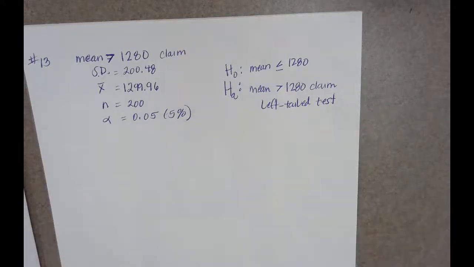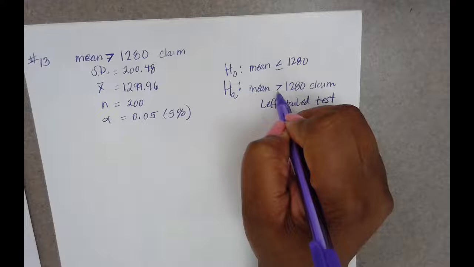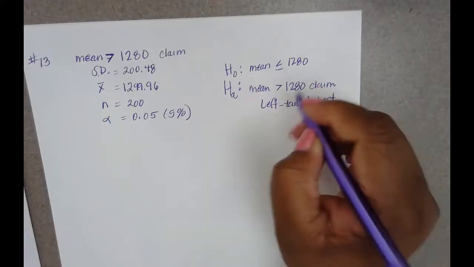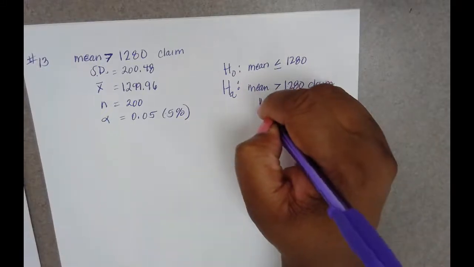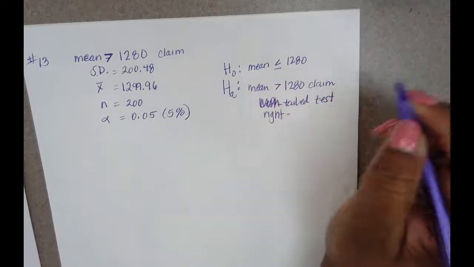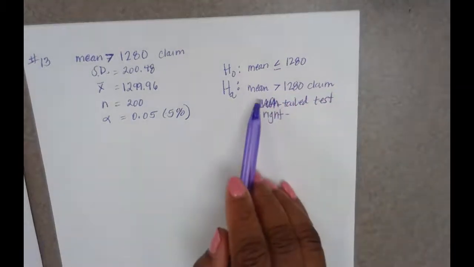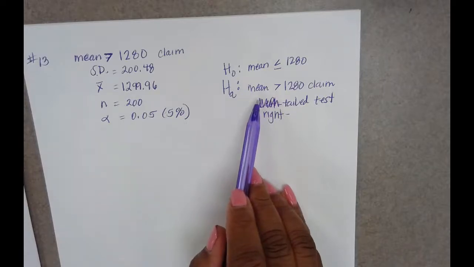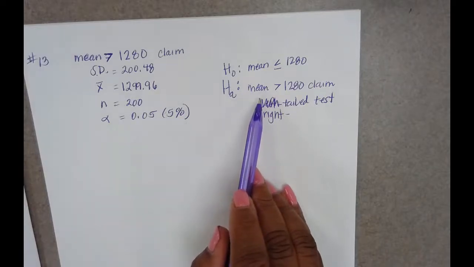Okay? So now we're asked to find... I'm sorry y'all, I said the left side. I apologize y'all. That's the greater than symbol. So this is a right-tailed test, and the p-value will be on the right side of the test statistic.